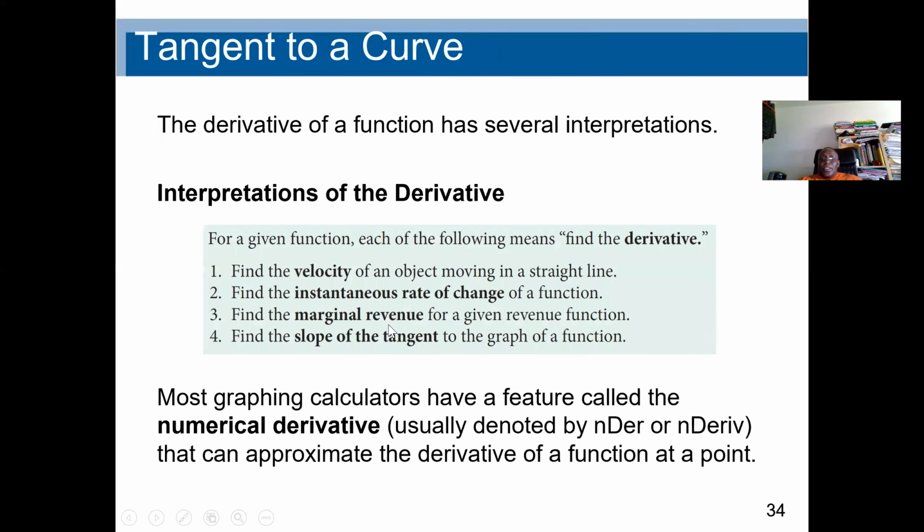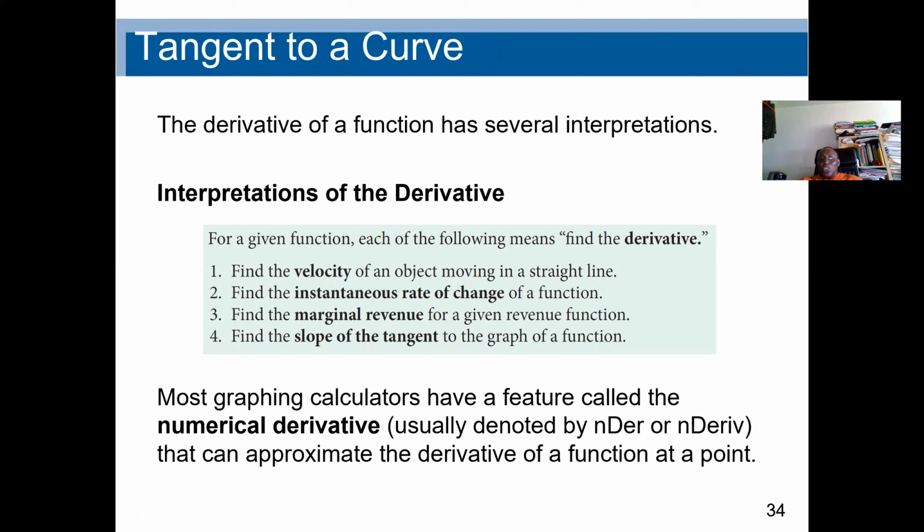The derivative of a function has several interpretations. This is very important. If I want to find the derivative of a function, it's the same as looking for velocity. But the velocity is for what? An object moving in a straight line.